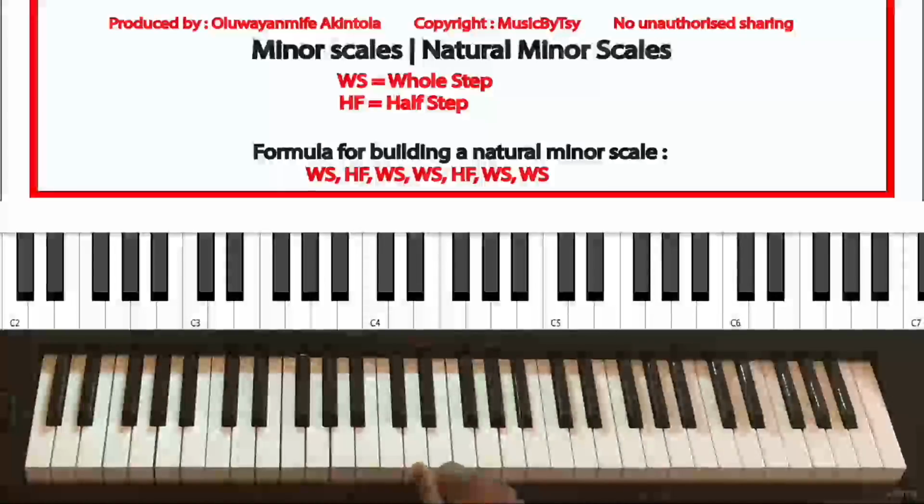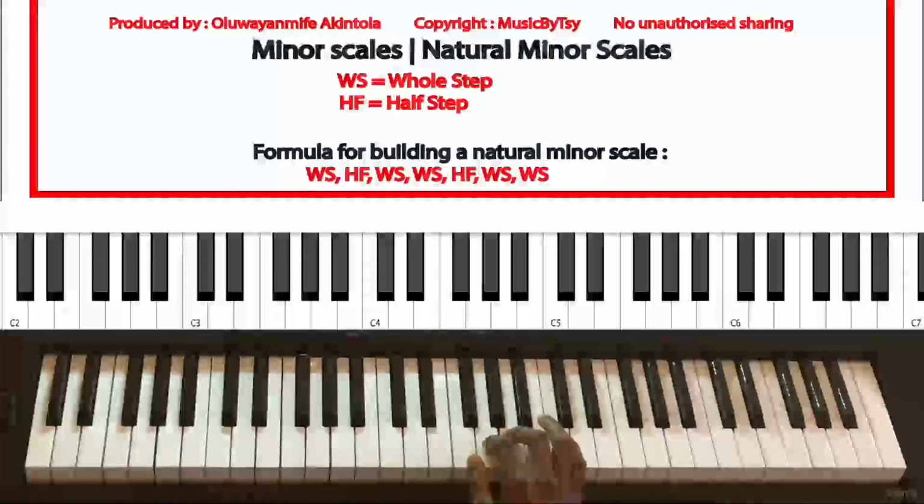So in order to build the D natural minor scale, all we have to do is just play the F major scale starting from the key of D and finishing at the key of D. And that is going to be the D natural minor scale.